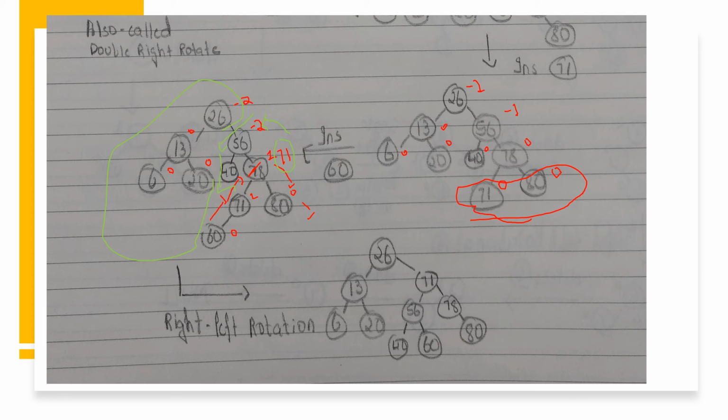These are not getting affected. Because of that 56 and 40 come down, 60 gets attached to 56, and 78 and 80, because once we do a right and then a left operation, it comes back again. Or you can just ignore 78 and 80 as well. You don't have to remember that, because there's a right rotation and again a left rotation, it comes back up.